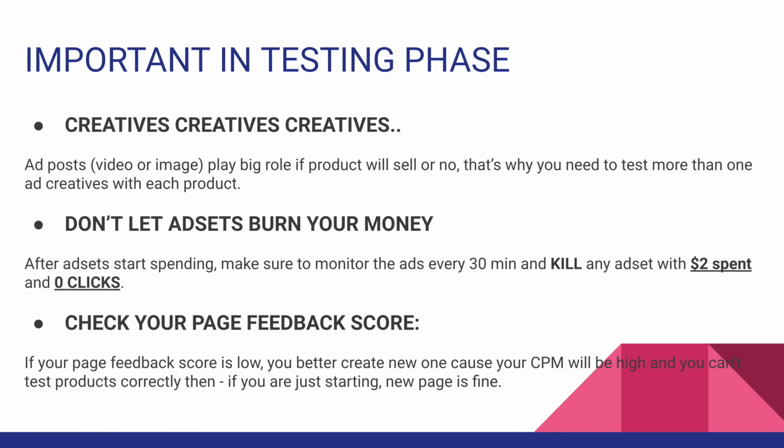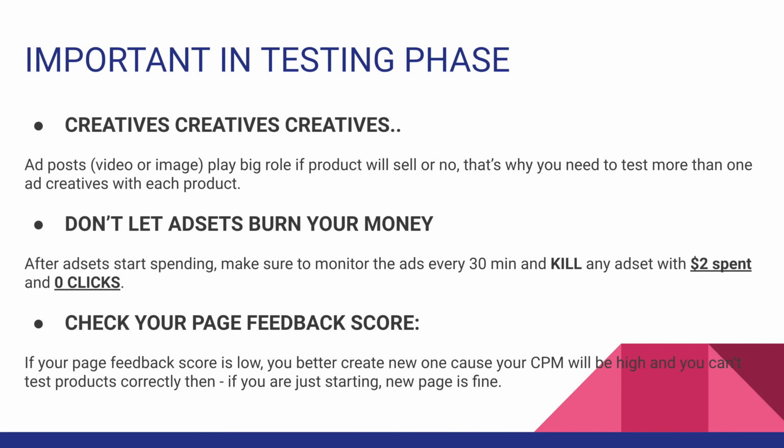So important points that I'm going to talk about in testing phase. So first, creatives. Very, very important. Ad posts play a big role in whether your product will sell or not. That's why you need to test more than one ad creative with each product, okay? Second, don't let ad sets burn your money, okay? Because the mistake that you can make here is letting ads spend without you controlling or killing the bad ones. I mean, the very bad ones that are just burning your money. You don't want that to stay on, okay?